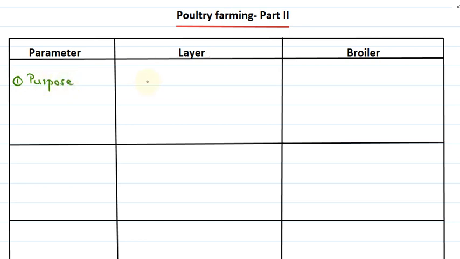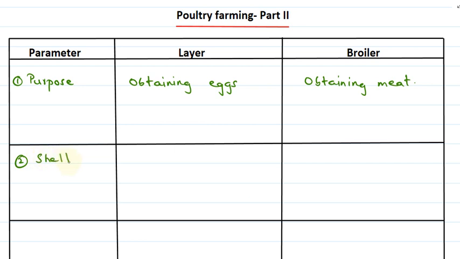Okay. So the purpose of layer is obtaining eggs, whereas the purpose of rearing broiler is for obtaining meat. Okay. Then the second parameter is shelter.